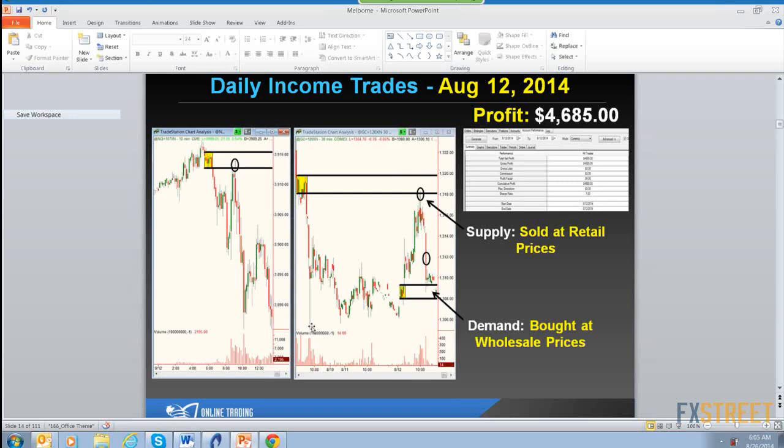So now price starts trading back up to that 1318. When price gets to 1318, that's where I sold short in this trade. This is just a short-term income trade, just a quick little day trade. When price comes back up to 1318, we now know three things to be true up here.